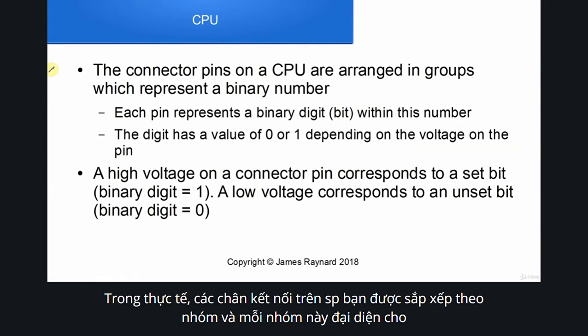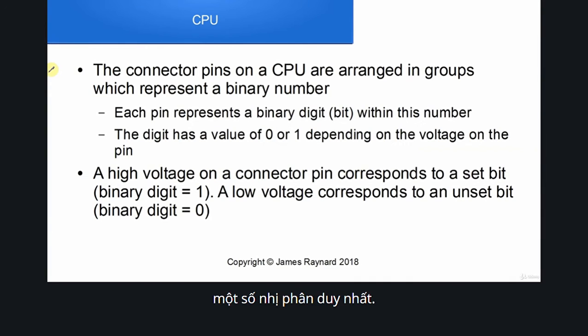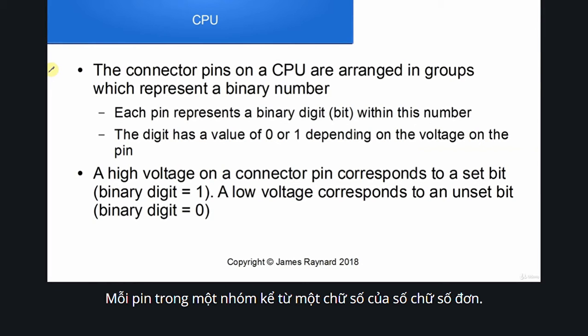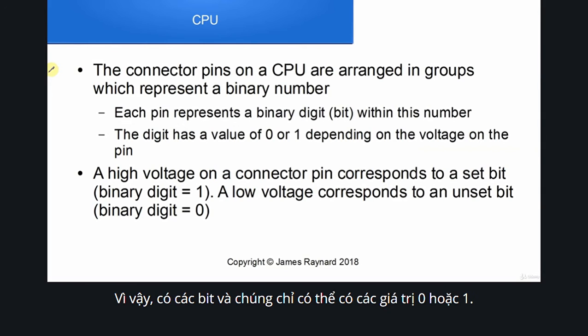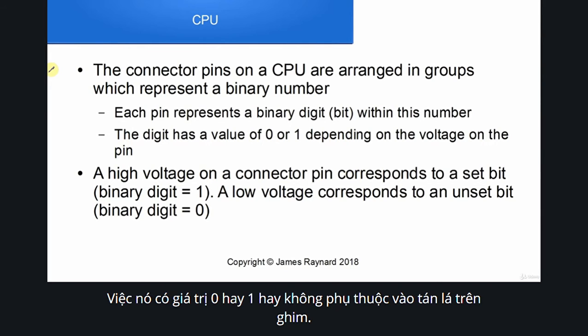In fact, the connector pins on the CPU are arranged in groups, and each of these groups represents a single binary number. Each pin in a group represents a single digit of the number. These are binary digits, so they are bits, and they can only have the values 0 or 1. Whether it has the value 0 or 1 depends on the voltage on the pin.